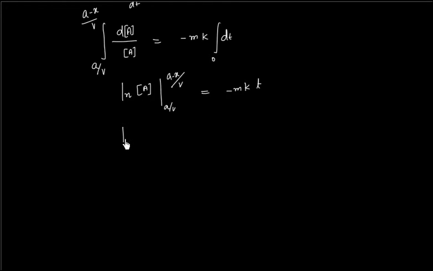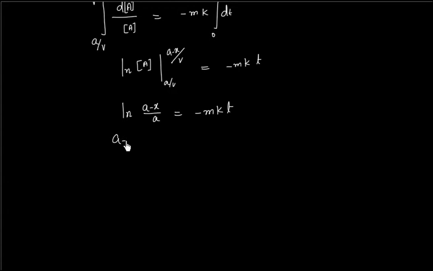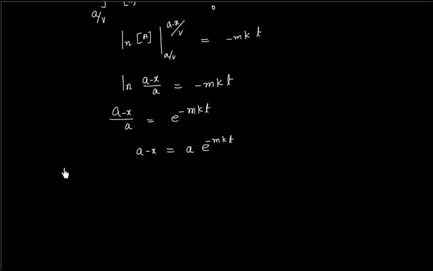So from here we can write moles of A, that is A minus x, is equals to A into e to the power minus mkt. So this is moles of A at time t.